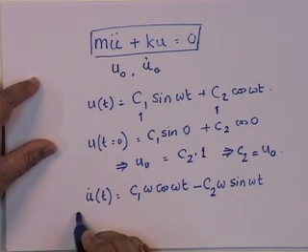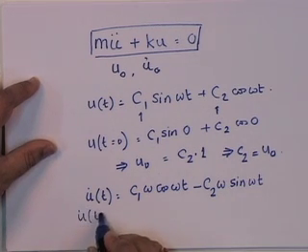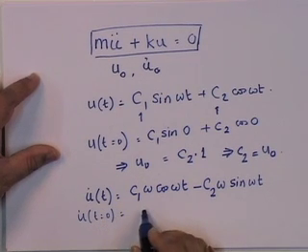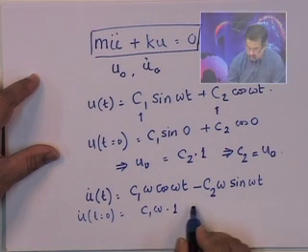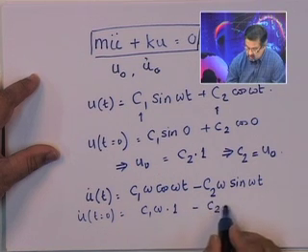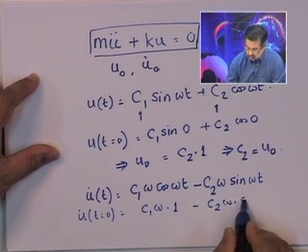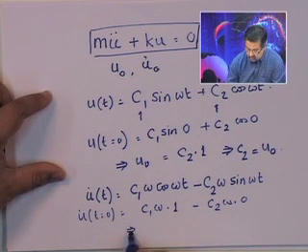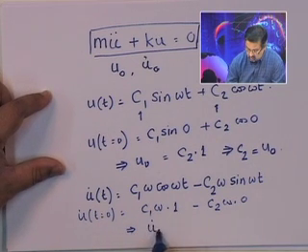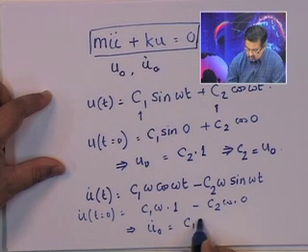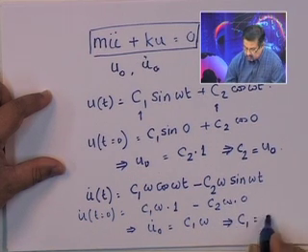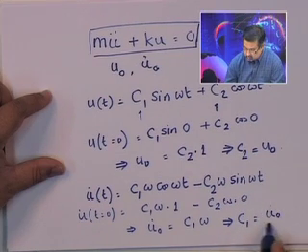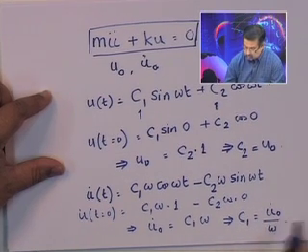Again, substituting u dot at time t equal to 0, we get C1 omega into 1 minus C2 omega into 0, which implies that u dot 0 is equal to C1 omega, which implies that C1 is equal to u dot 0 upon omega.